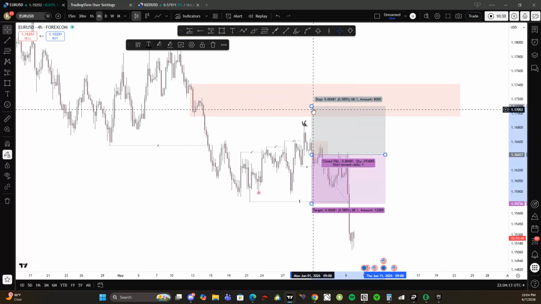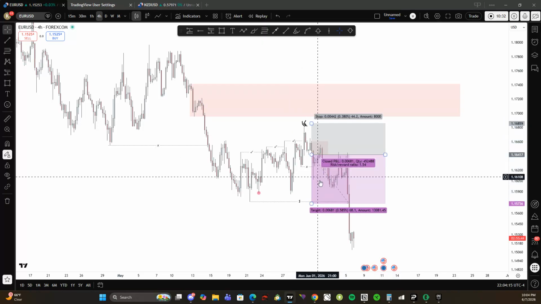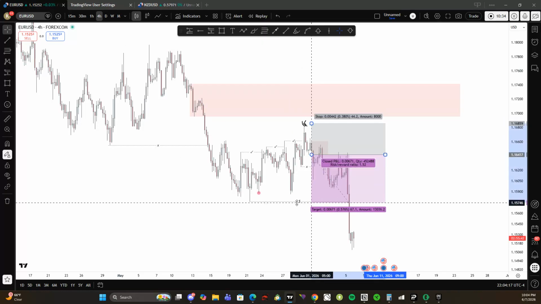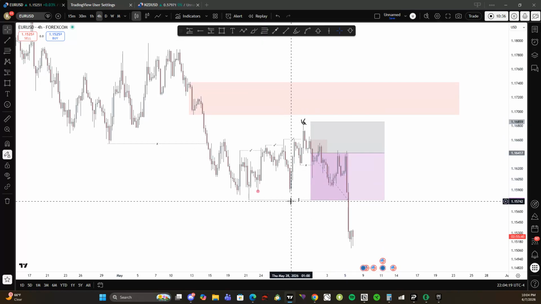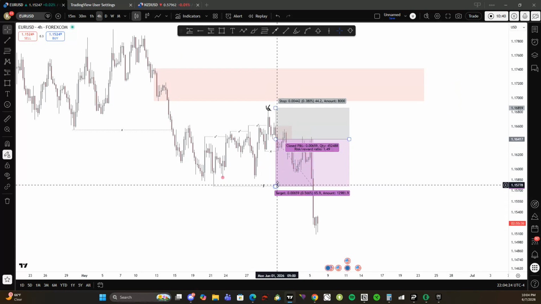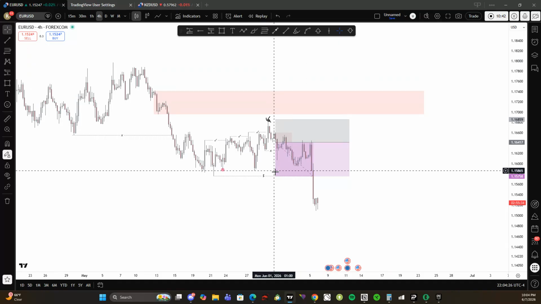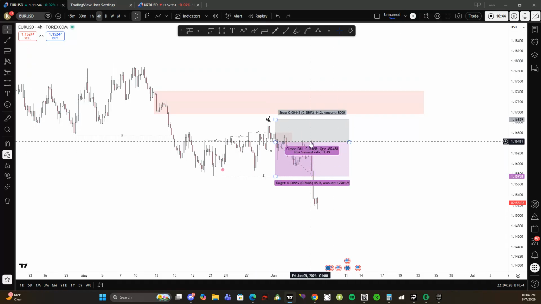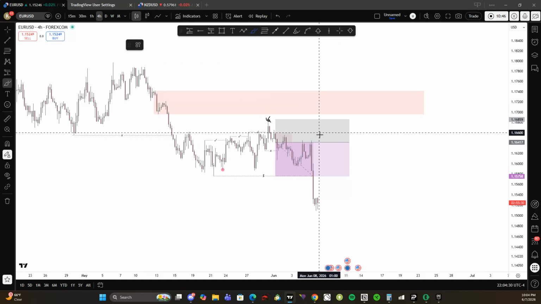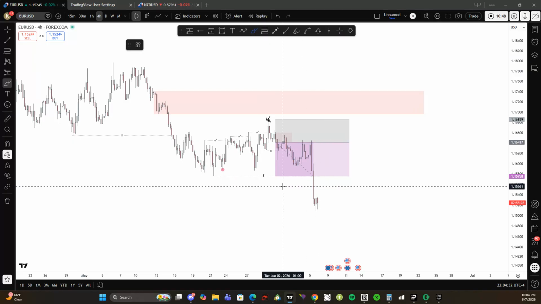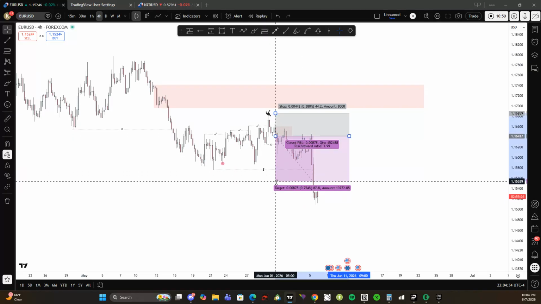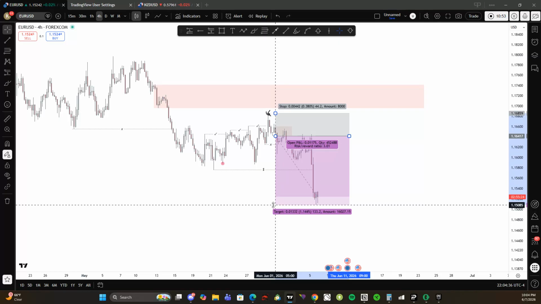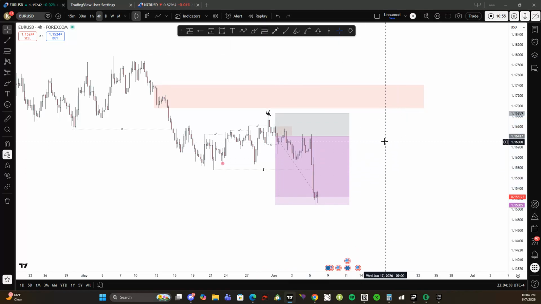Entry here, stop loss at the high, and the target being the higher time frame low set in stone right here. That being the original target, once price hits this point, stop loss moves to break even, which takes risk off the table. And beyond that is to allow the position to run and generate whatever profits it can.